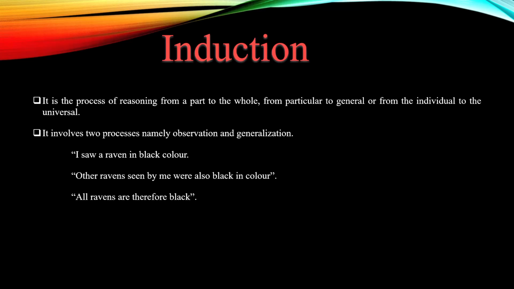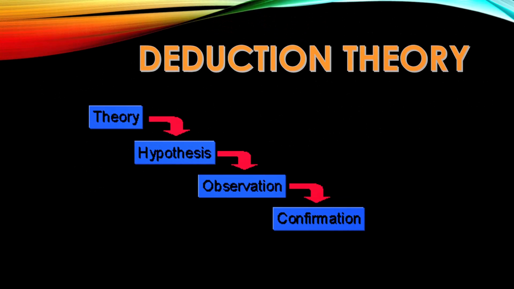And at the end, all ravens are therefore black; we are generalizing the concept. That's about induction theory. So in induction theory, we are moving from a particular concept, testing the hypothesis, and coming to a general and formulating a general theory.